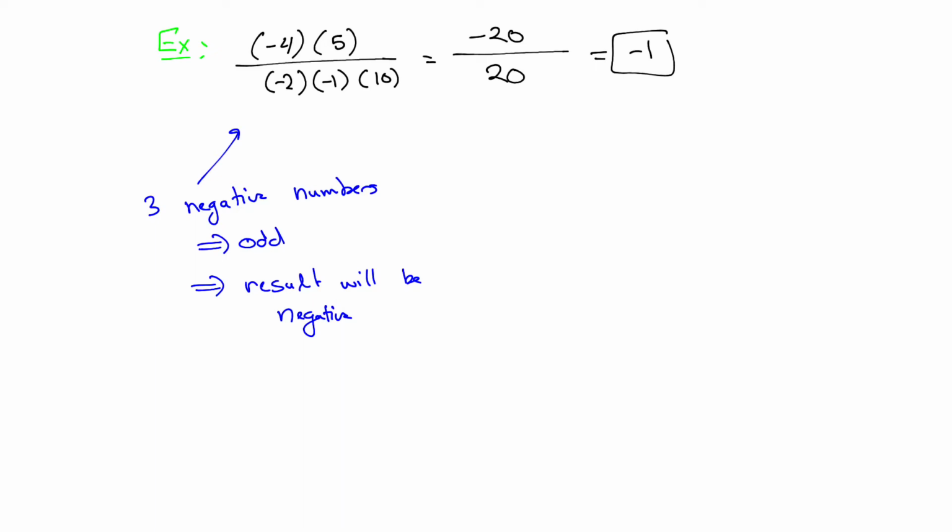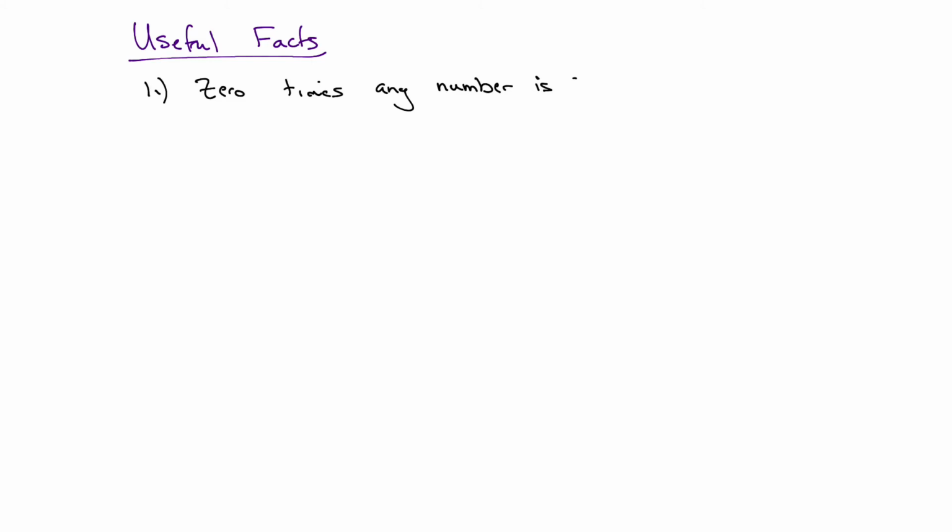Okay. So, those are all the facts that we need to know. There are also some other useful facts about signed numbers. The first one is that 0 times any number is 0.